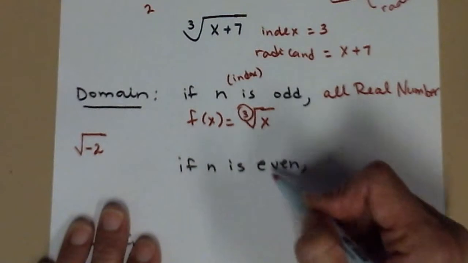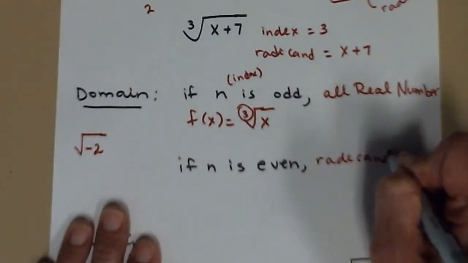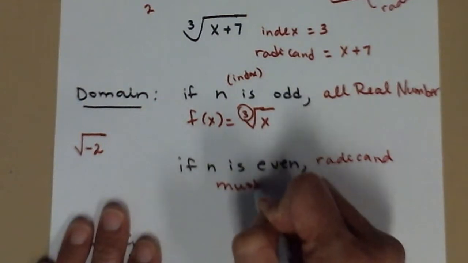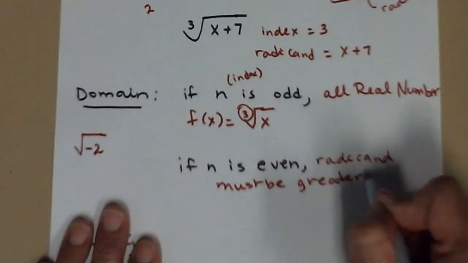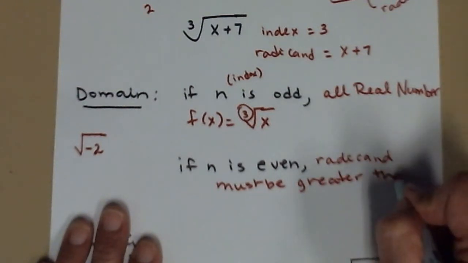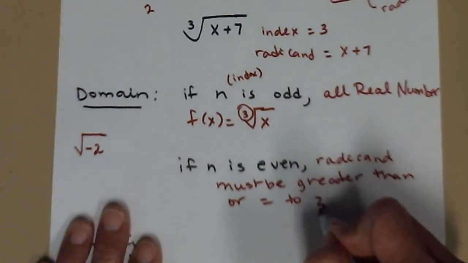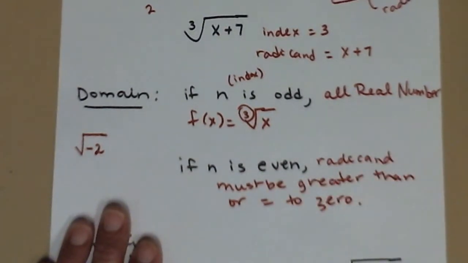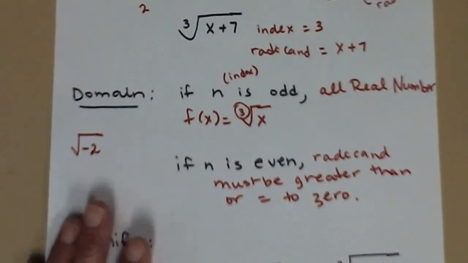So if n is even, the radicand must be greater than or equal to 0. If it's not, then we say we can't do it, it's not a real number.